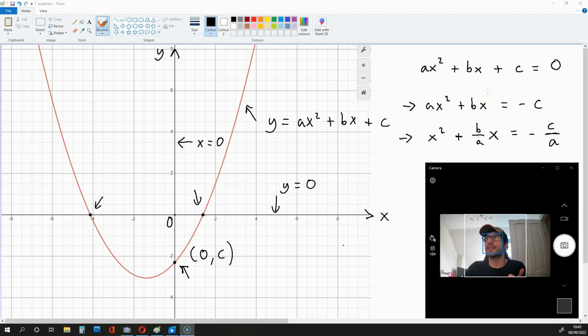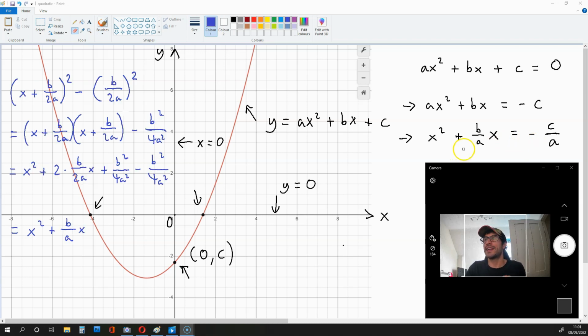If we subtract c from both sides of this equation, we get ax squared plus bx equal to minus c. Now from here, if we divide all parts of this equation by a, we get x squared plus b over a times x equal to minus c over a.